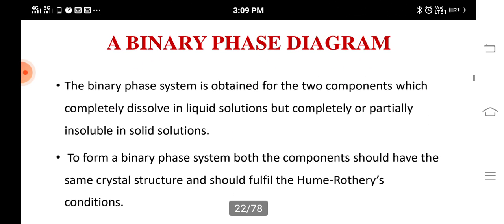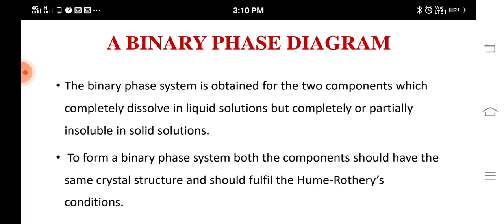Then we are having binary phase diagram. A binary phase system is obtained for two components which completely dissolve in liquid solutions but completely or partially insoluble in solid solutions. Normally, in case of binary phase diagram, there are two components in the system.